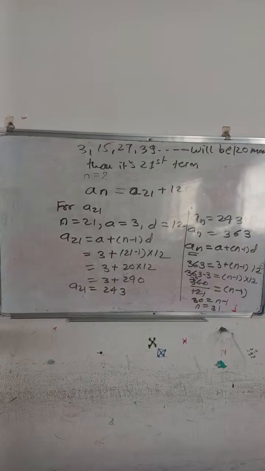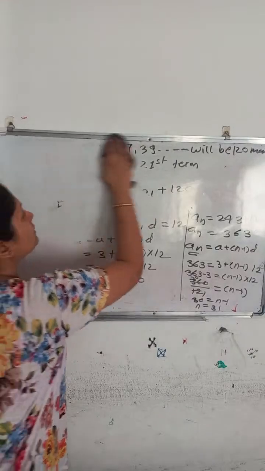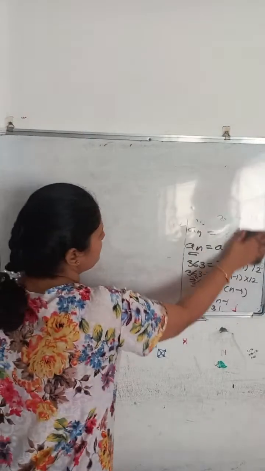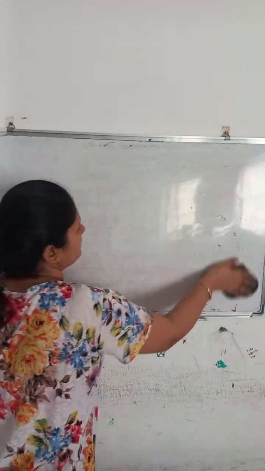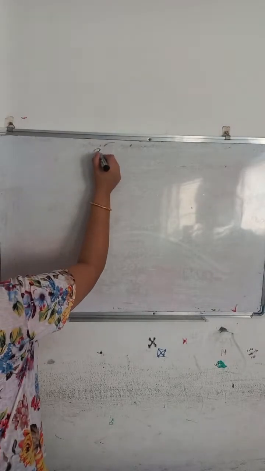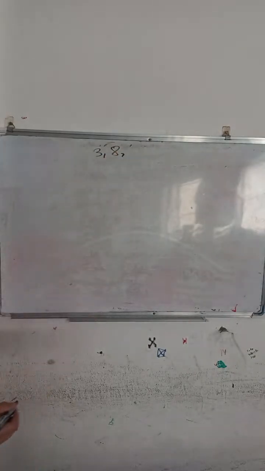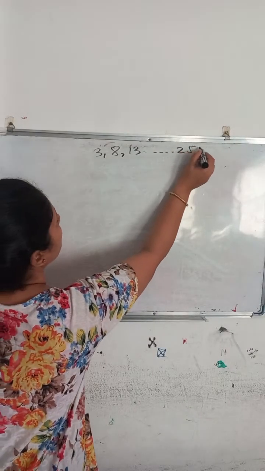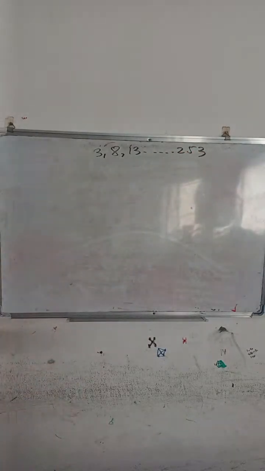The question is very important. From the last term, they are saying. I'll write down the AP and then we can study the logic behind this. The AP is given 3, 8, 13 and so on, and 253 is the last term.